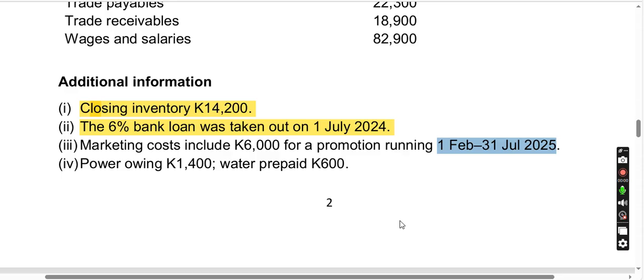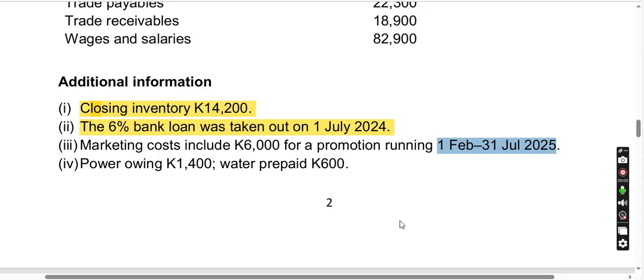So now with this one, this is a prepaid expense, because we paid this expense in February, and it's crossing over our end of year and moving into the next year.